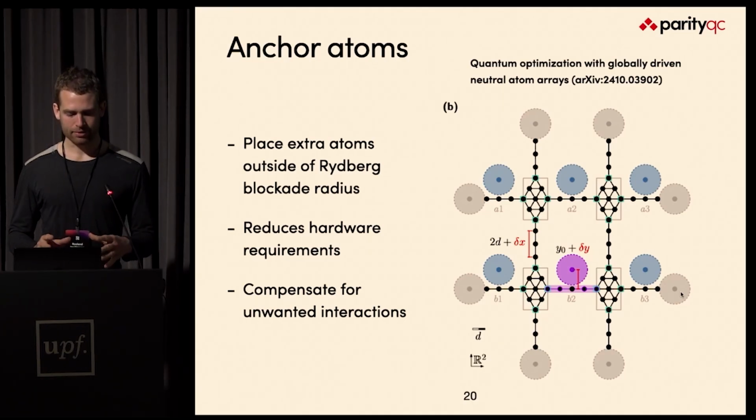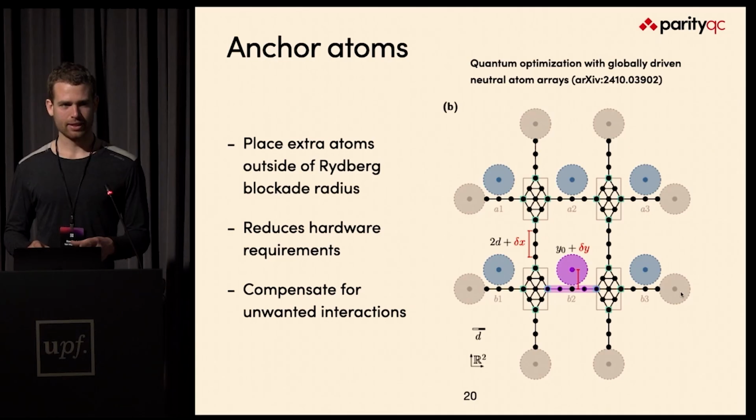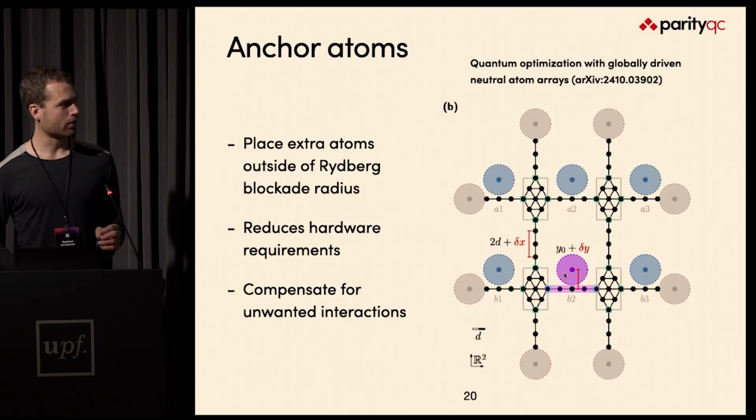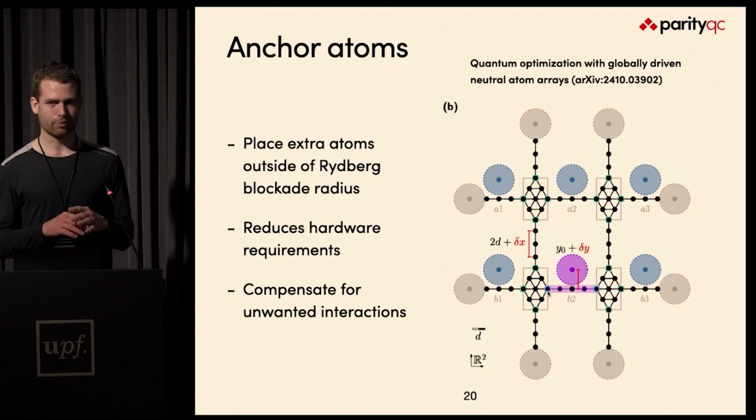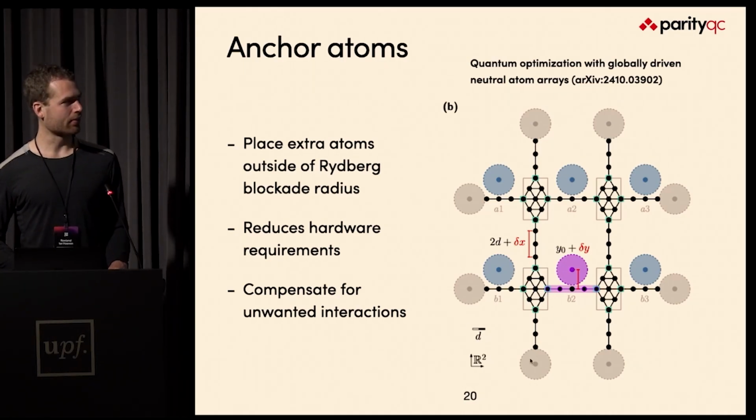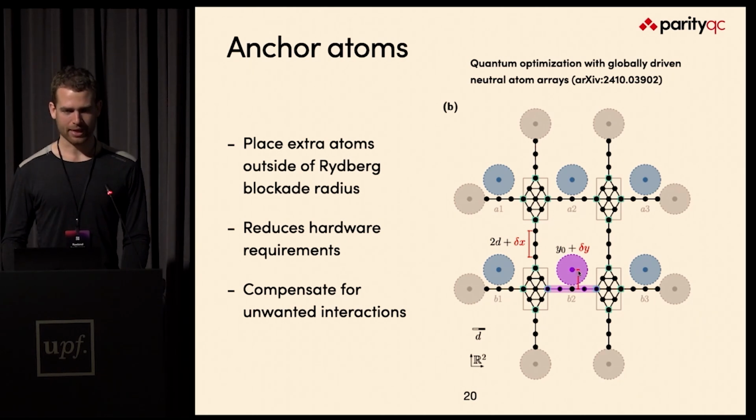You can drive everything with a global field. So you don't need individual local fields to address every single atom. You can have one global field, which is on the whole layout. And just by placing all of the atoms in exactly the right spots, you can implement any Jij interaction into the atoms.